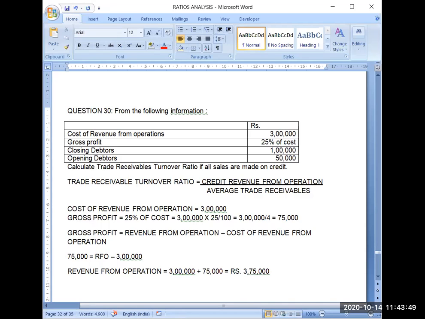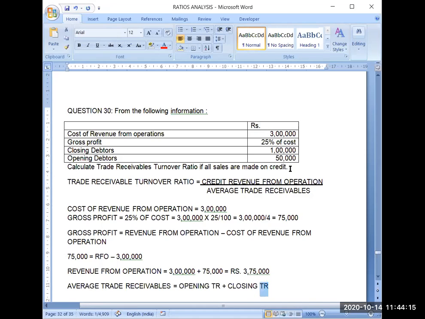Now second thing I need is average trade receivables. I will show its calculation also. Average trade receivables is equal to opening trade receivables plus closing trade receivables.